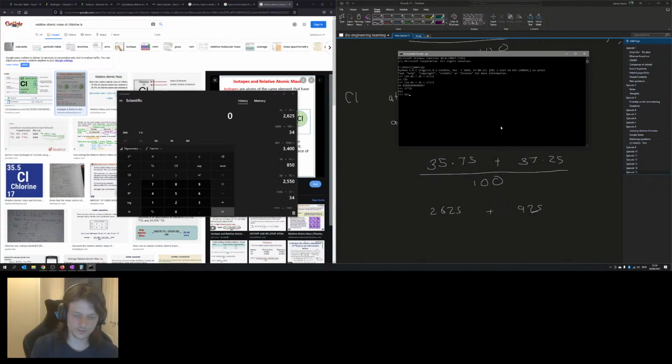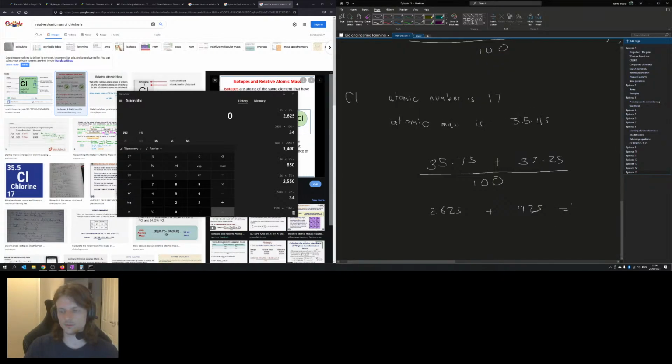So 925 plus 2625 divided by 100 is 35.5.